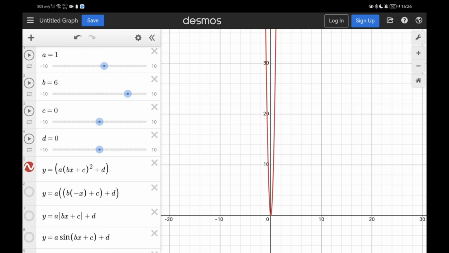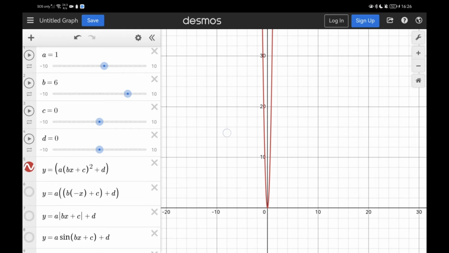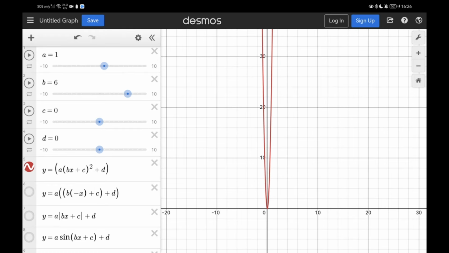So this is how you interpret its transformation. When you see an original equation and the new transformed equation, you need to identify how the transformation works.